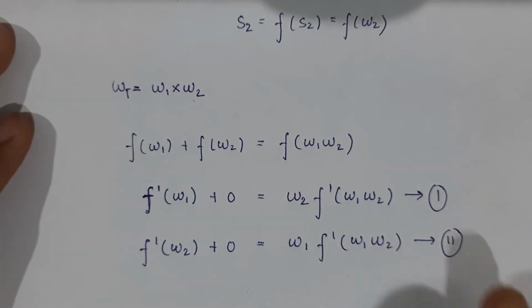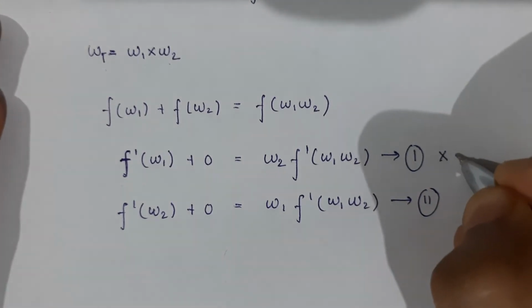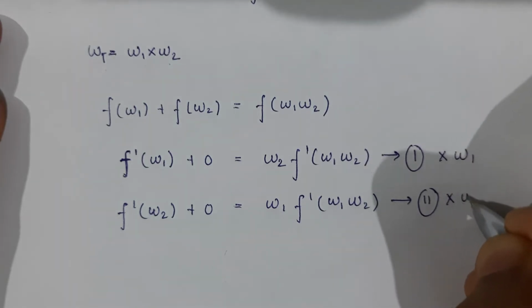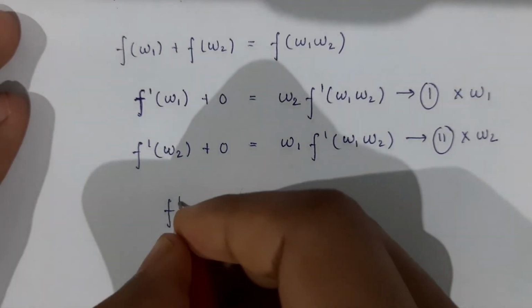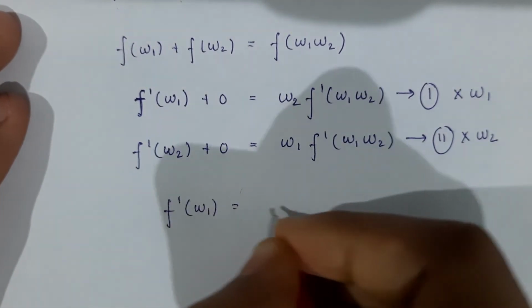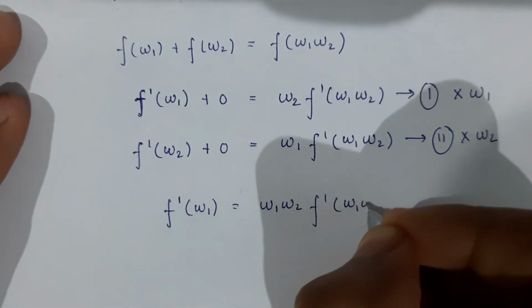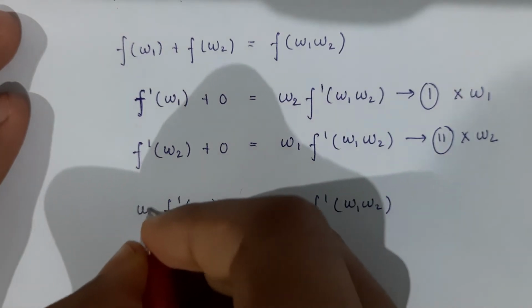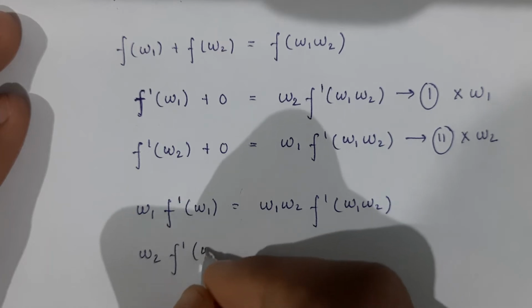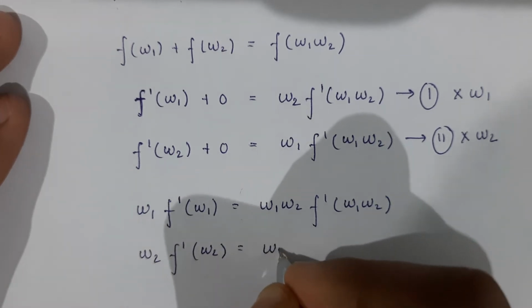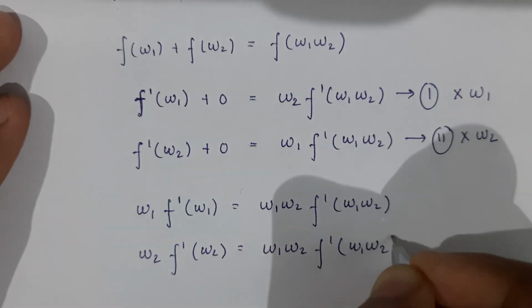Now if we multiply equation 1 with omega 1 and equation 2 with omega 2, we get omega 1 f dash omega 1 equals omega 1 omega 2 f dash of omega 1 omega 2, and in equation 2 we get omega 2 f dash omega 2 equals omega 1 omega 2 f dash of omega 1 omega 2.